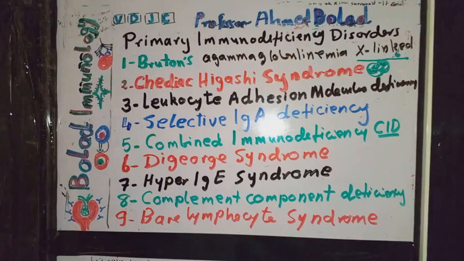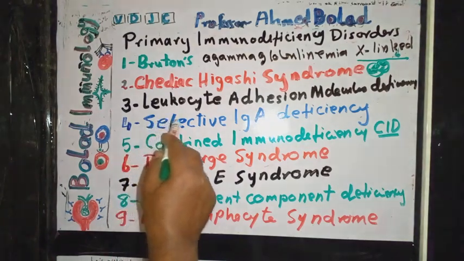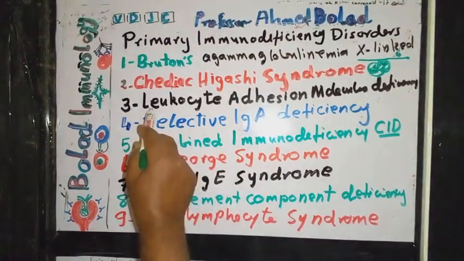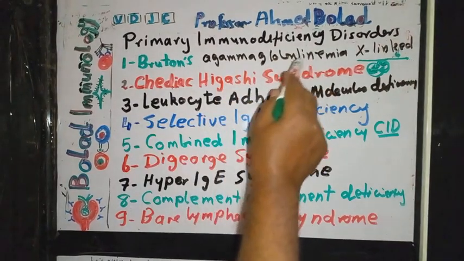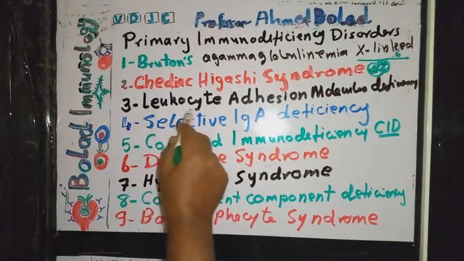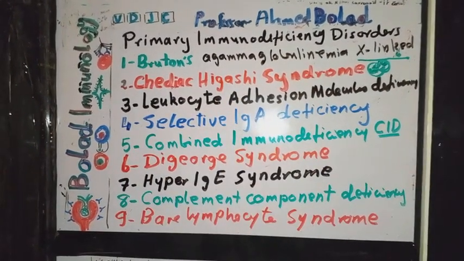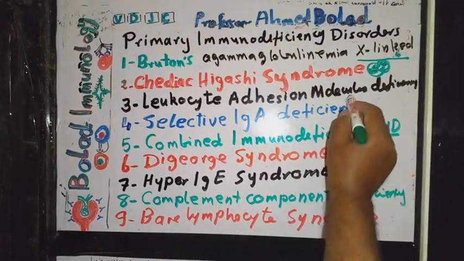Also another primary immunodeficiency disorder is known as leukocyte adhesion molecule deficiency, or LAD.